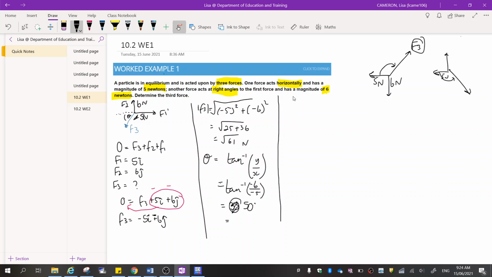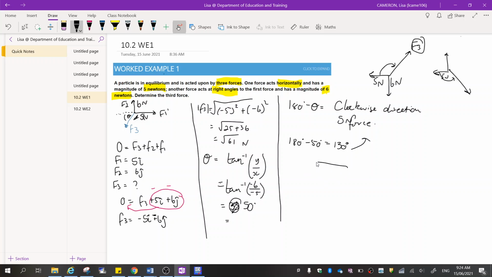So that's what we're going to do. 180 degrees minus the angle equals, now this will be travelling in the clockwise direction from the 5 Newton force. So 180 degrees minus 50 degrees equals 130 degrees, clockwise from the 5 Newton force.